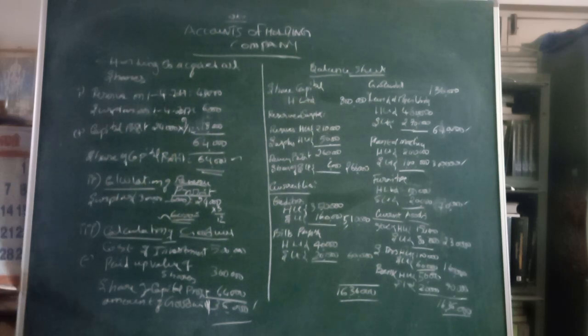Land and building, plant and machinery, furniture and fittings, stock, debtors, bank balances, all these things, no subsequent adjustments are given, no further adjustments given in the question. So straight away we can take all these assets for H Limited and S Limited in the new balance sheet, that is the consolidated balance sheet.